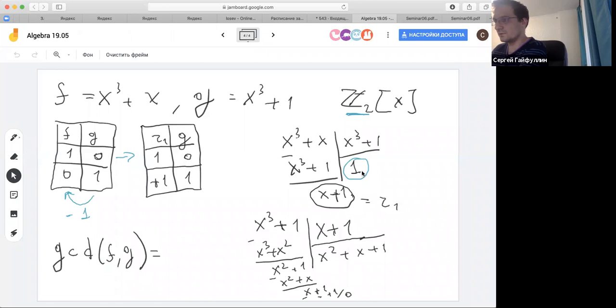To R1. So this is x plus 1. And we have the representation of this greatest common divisor by linear combination with these coefficients. So we have that R1 equals to F plus G. Here the coefficients are just 1 and 1.